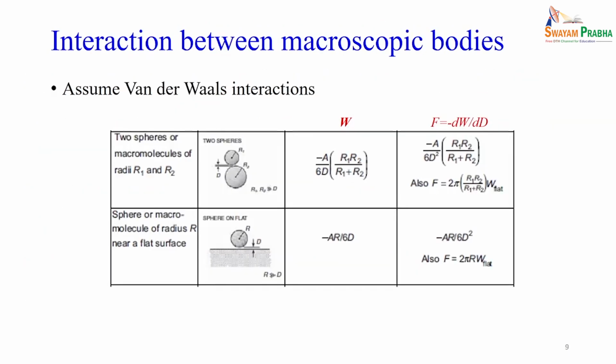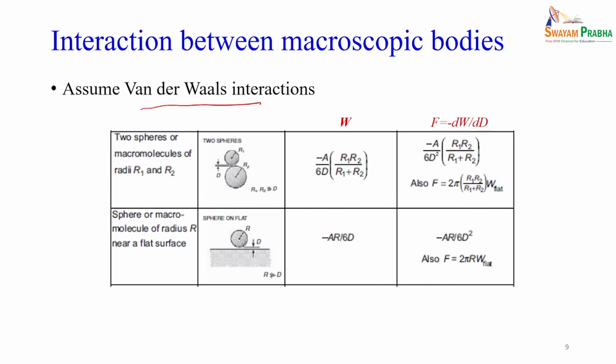So, let us consider the interaction between macroscopic bodies, because of course, this adhesion and cohesion are governed by the intermolecular interactions, but at the macroscopic level, it looks like there is an interaction between two different macroscopic bodies, and we assume the presence of only van der Waals interactions. So, we will take two cases.